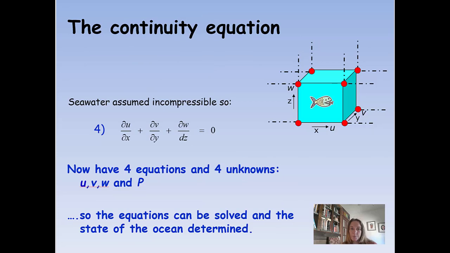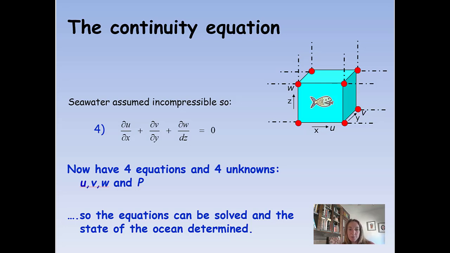The other equation of importance is the continuity equation, which basically assumes that seawater is incompressible, meaning that if we were to change the velocity in one direction, for example the x direction, then we're going to affect a change in one of the other dimensions, for example the y or the z dimension.